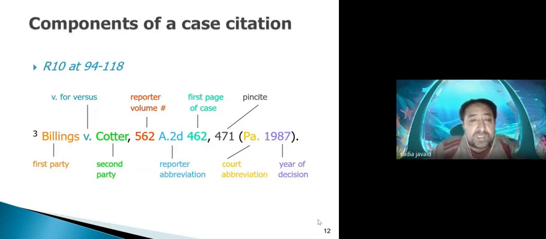So these are the components of a case citation, for example 10 at 95, 94-118. V stands for versus. It is a compact form where you can minimize your words, like pseudocode, a symbolic language which is very precise, and if you have the expertise then you can read and understand it.